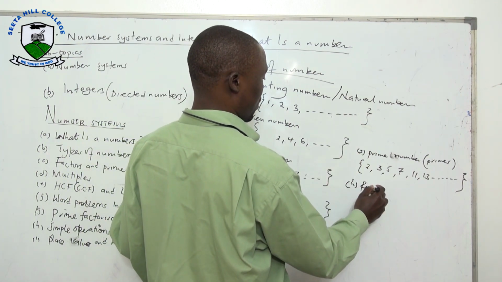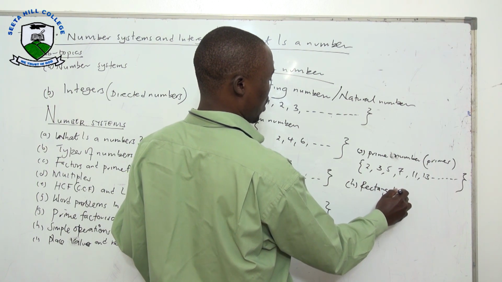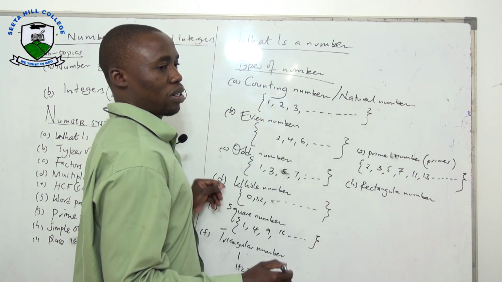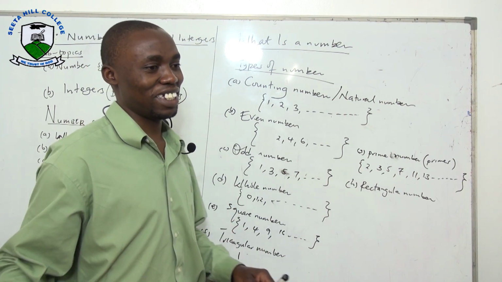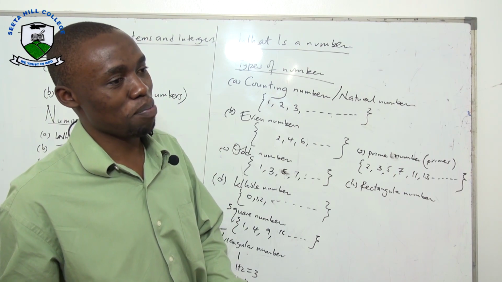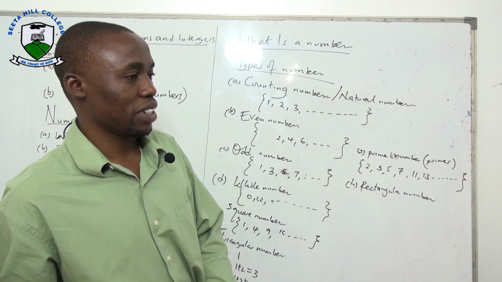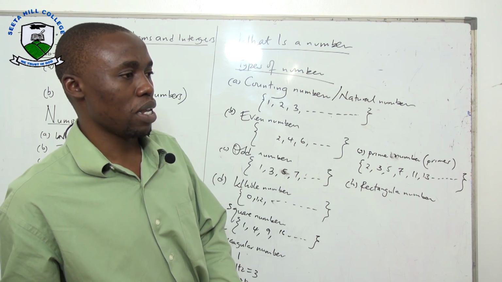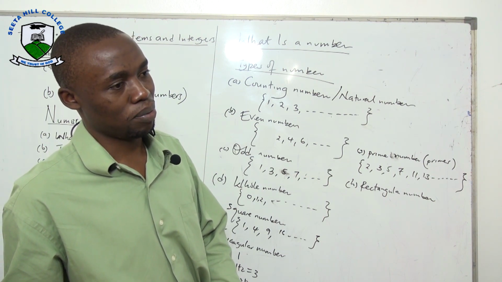Rectangular numbers. What are they? They form a rectangular pattern. All natural numbers that are not prime are rectangular.